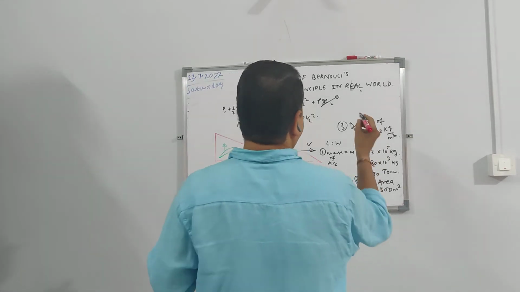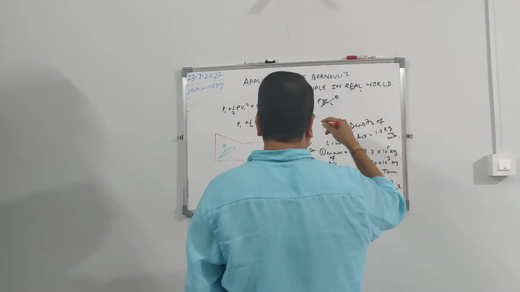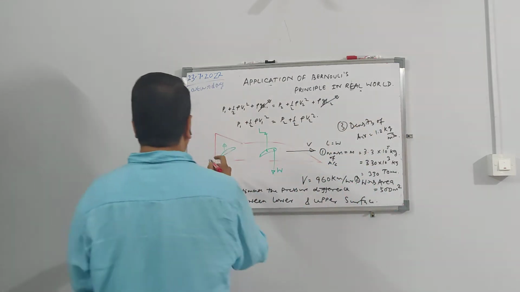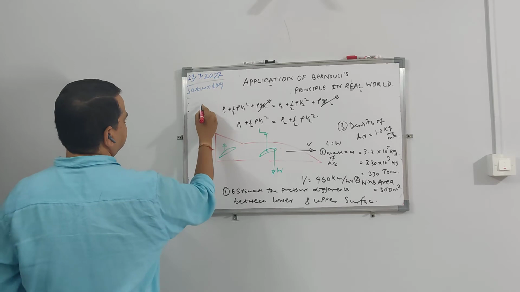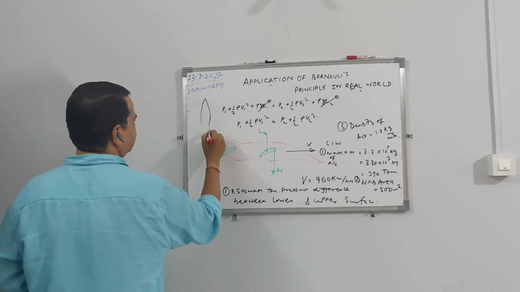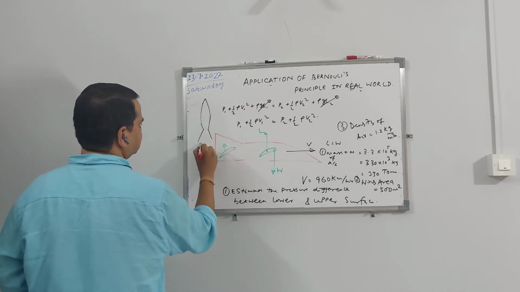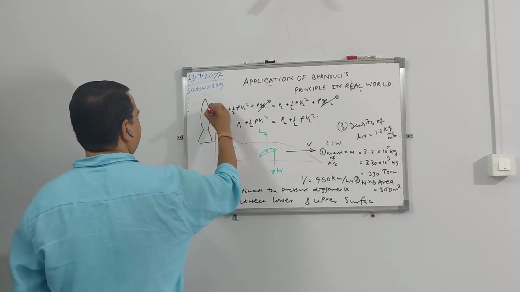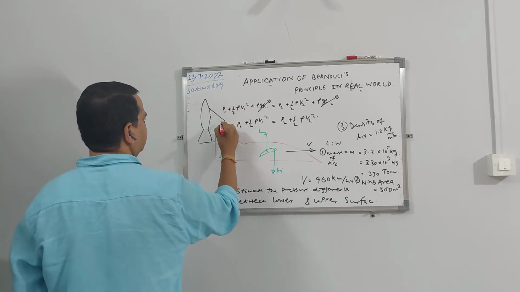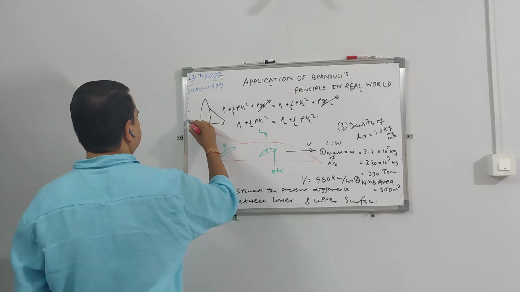When you see from the top, it will look something like this. This is your aircraft, and your wing will be looking like this.